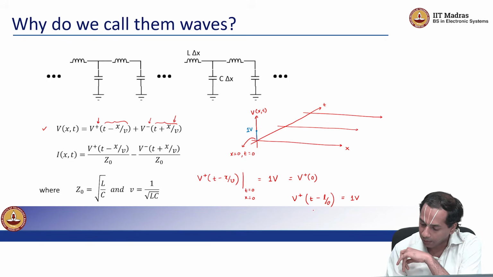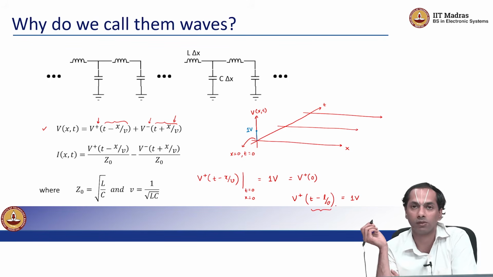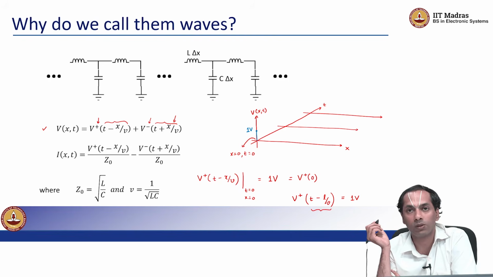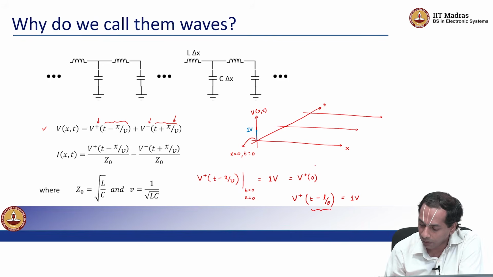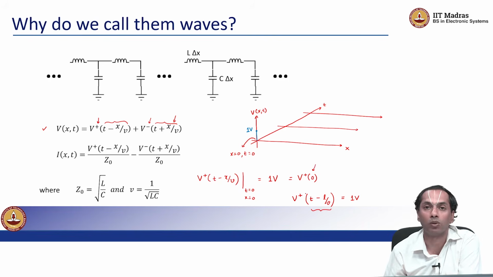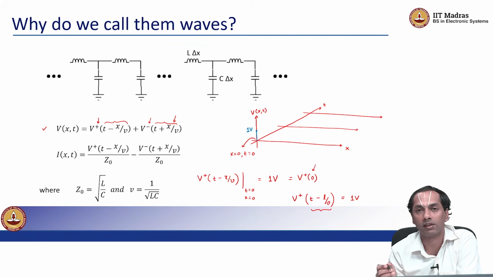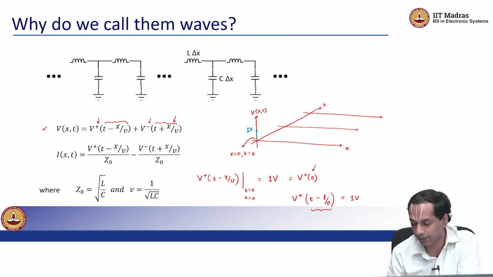So I am basically asking when this argument becomes 0. Why am I doing that? Because only V plus of 0 is 1 volt. V plus of any other number is essentially 0.